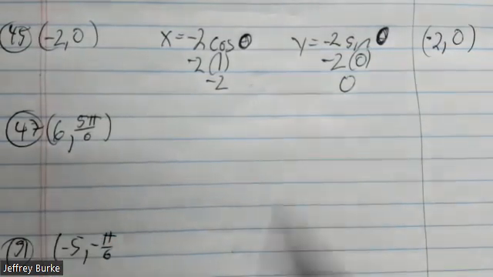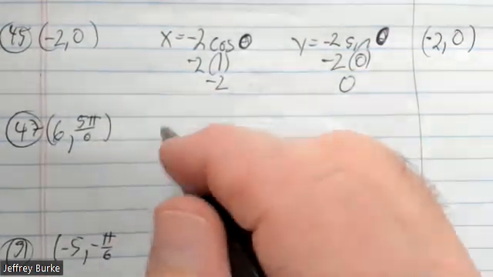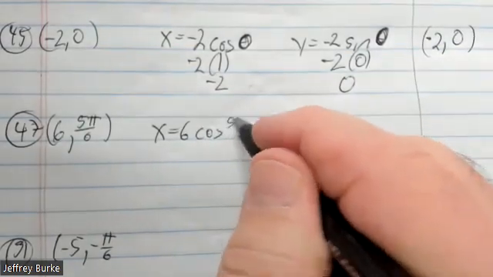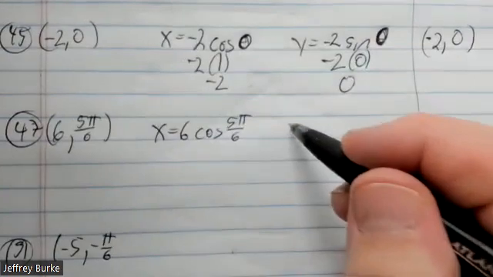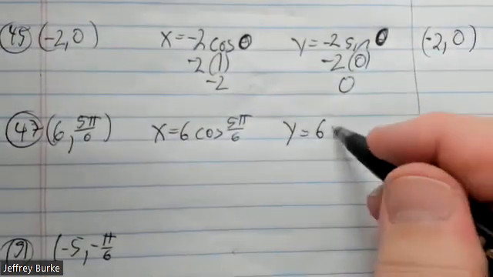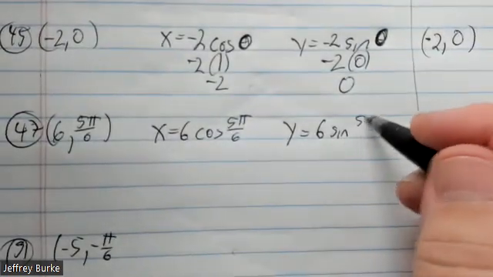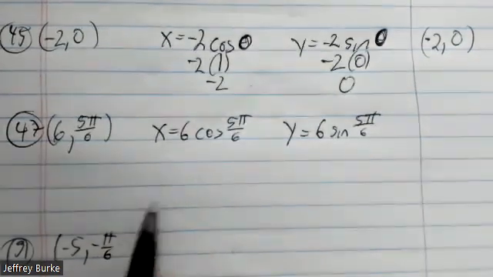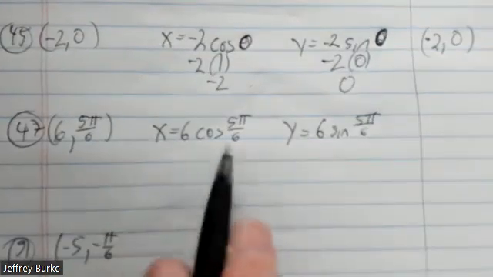6 and then 5 pi over 6. Okay. X equals 6 times the cosine of 5 pi over 6. Y equals 6 times the sine of 5 pi over 6. And then what do I get here?